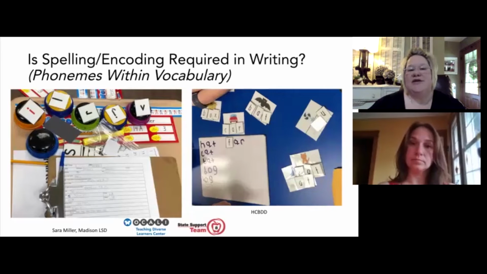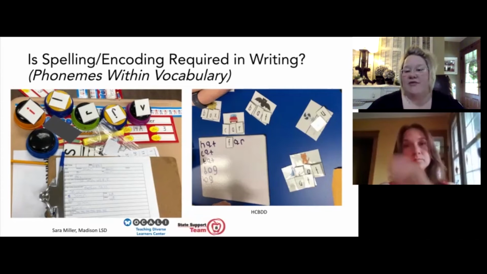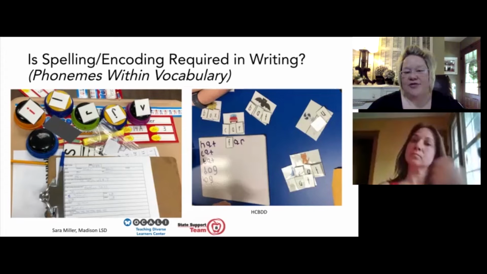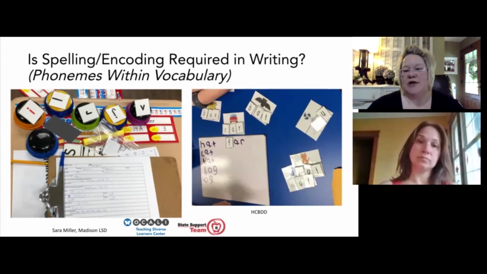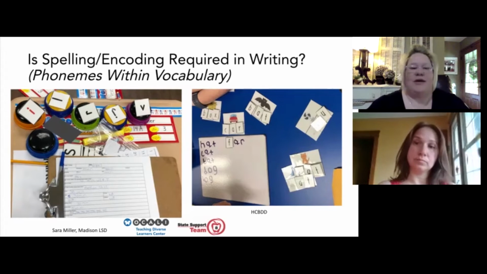And so we need to ask ourselves every single time we are assigning a writing task within our classroom, is spelling or encoding required within this specific piece of writing? And when it's required, we have to very clearly communicate that with students. And not only are we saying you must spell certain words correctly, but we have to ensure that we taught the spelling of those words prior to that expectation happening.